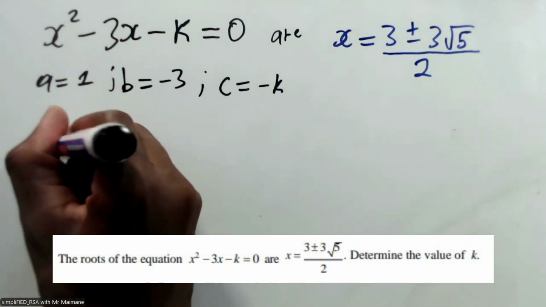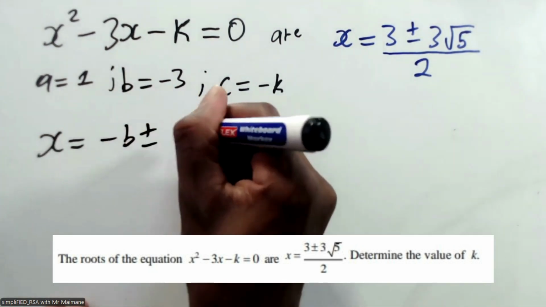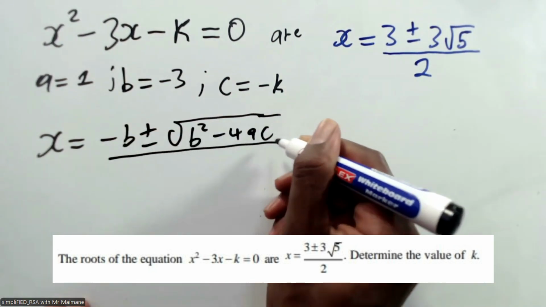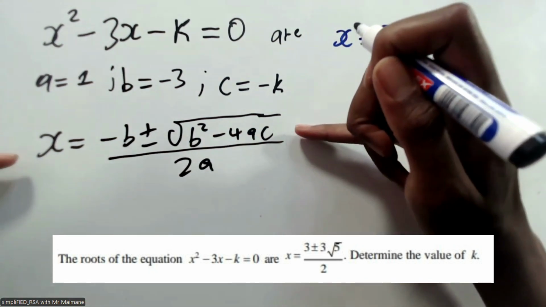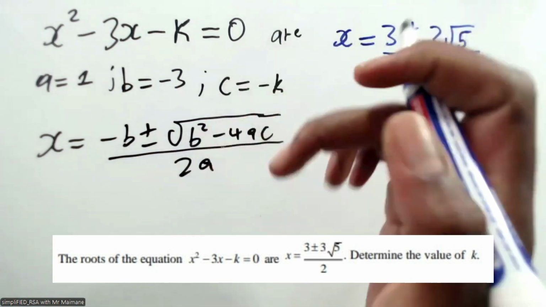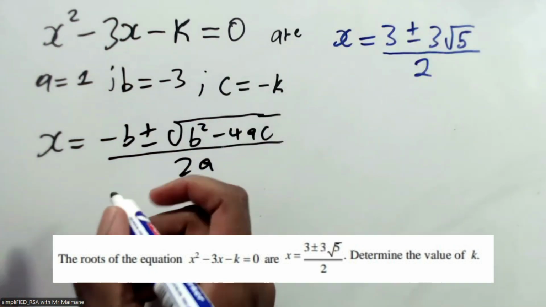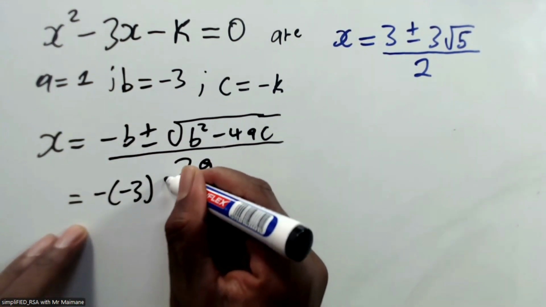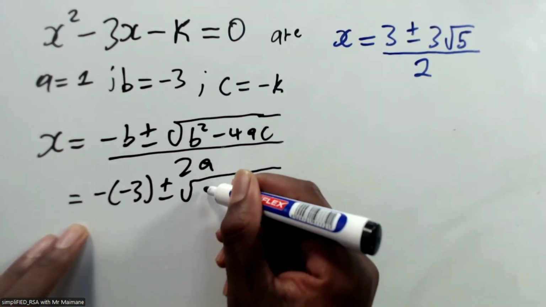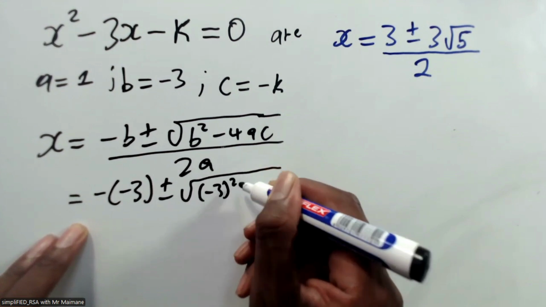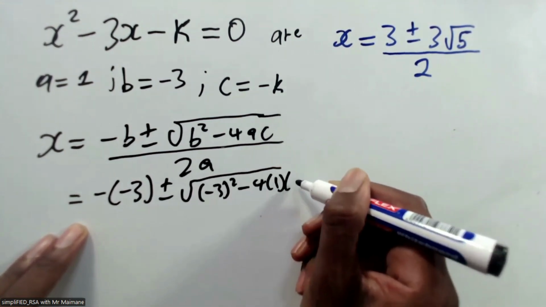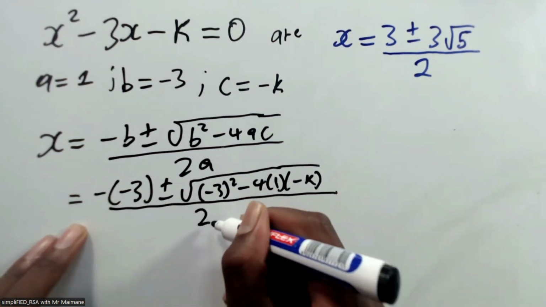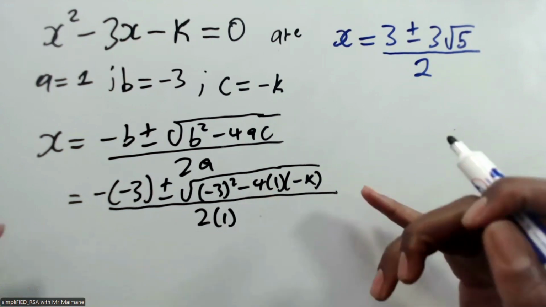And then I know that x equals minus b plus or minus the square root of b squared minus 4ac, over 2a, because I know that the nature of the roots is what I have inside the square root. Therefore, substituting these, I will have minus minus 3, which is 3, plus or minus the square root of minus 3 squared minus 4 times a, which is 1, times c, which is minus k, all over 2 times 1.